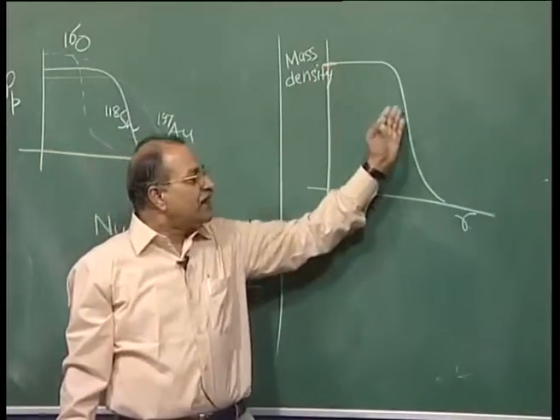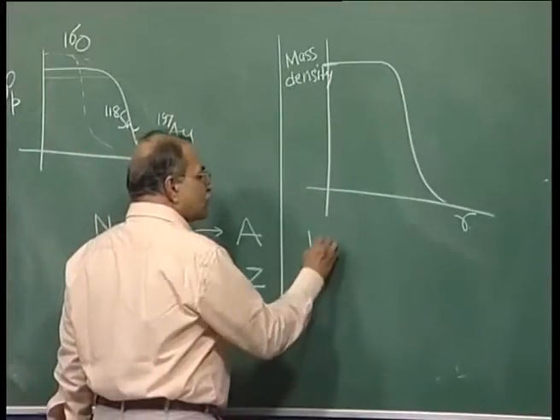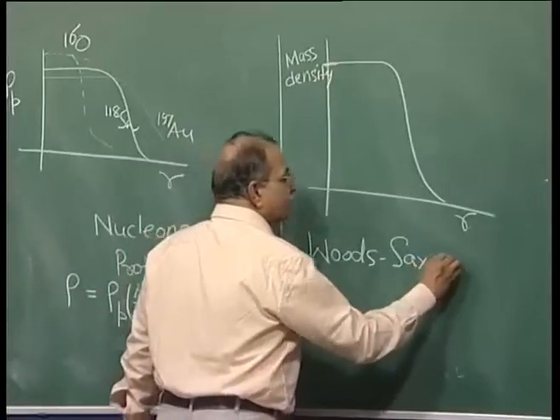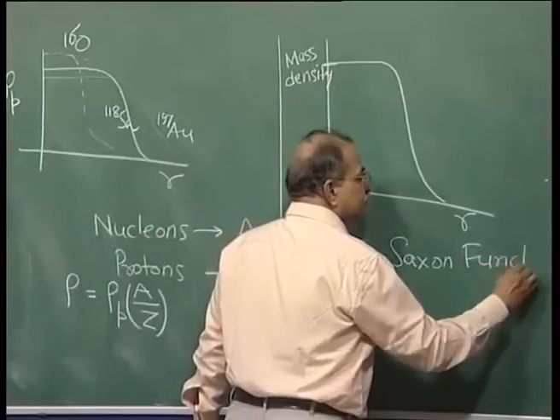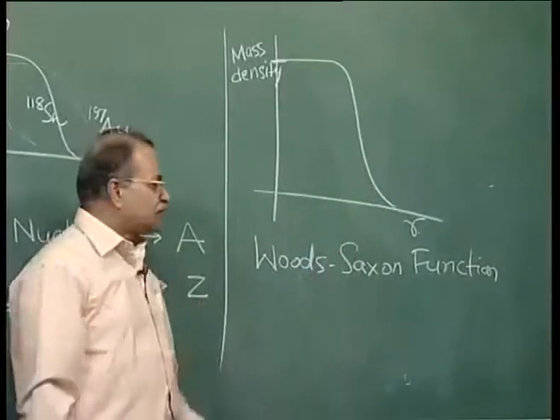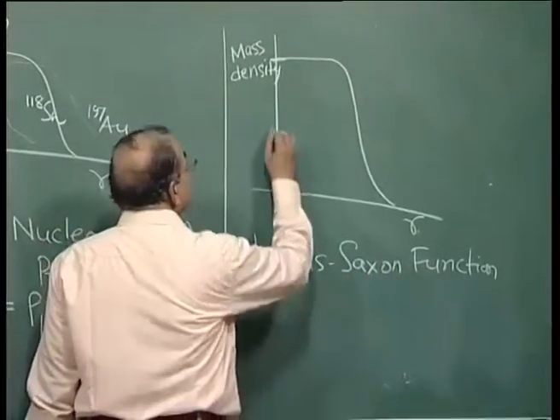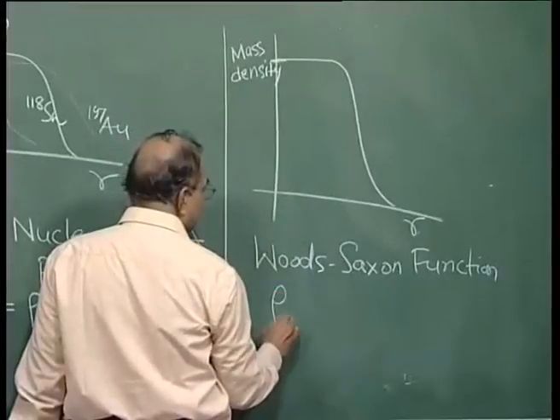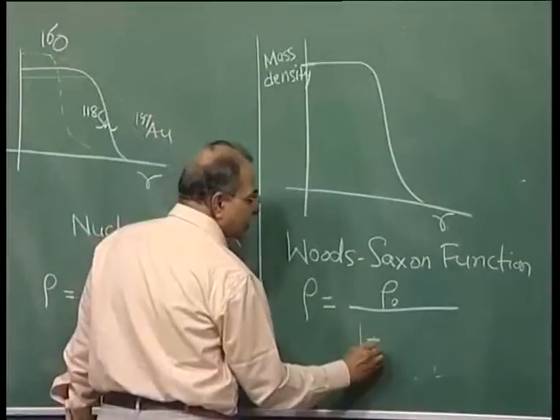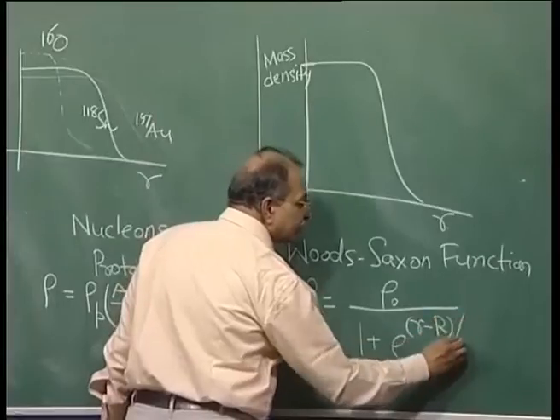Now, this type of function can be represented by a special function called the Woods-Saxon function, and if I write it, it will be something like this: rho equals the constant rho naught over 1 plus e to the power (r minus capital R) by a.